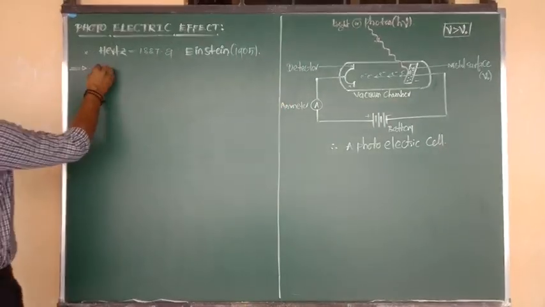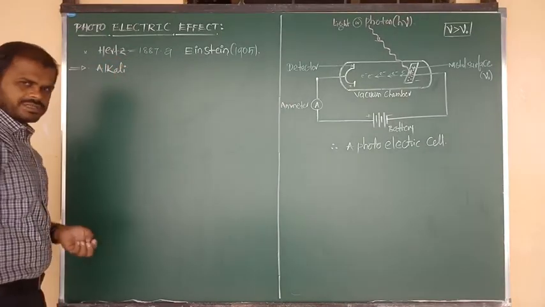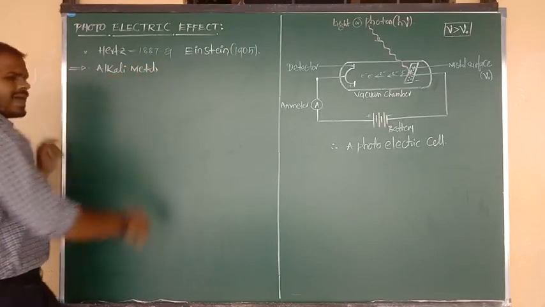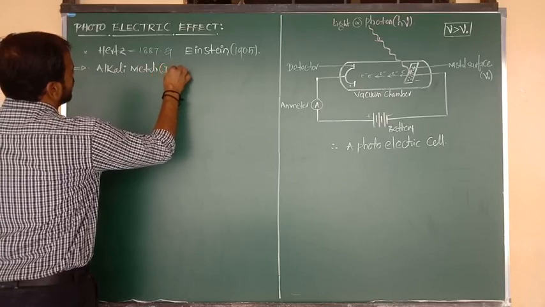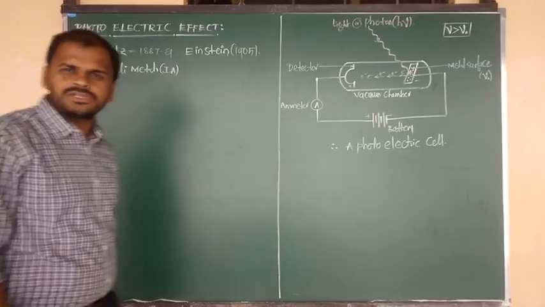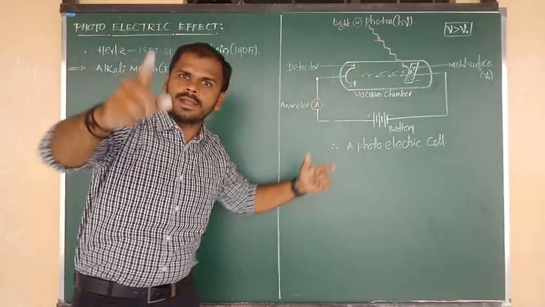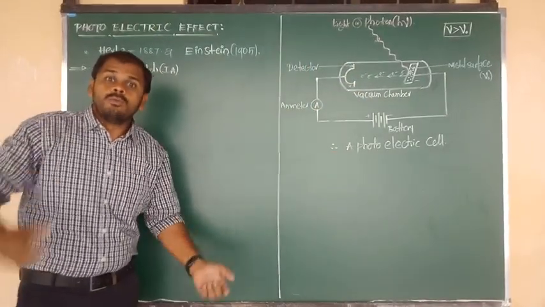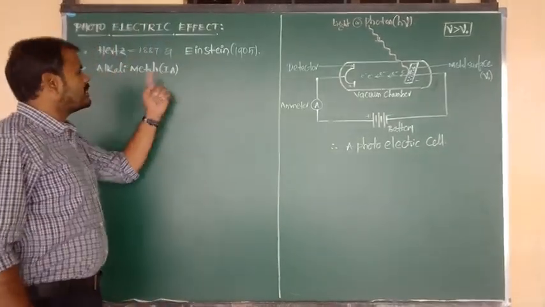The answer is alkali metals, which belong to the S block, especially group 1A. In the entire periodic table, the group with the largest atomic sizes is group 1A, and the most electropositive metals are also present in group 1A.